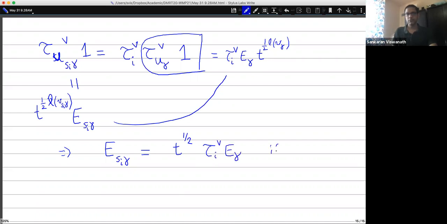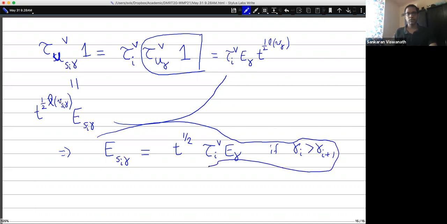Remember, all this was under the assumption that there was an inversion at the ith place. So this is a recursive thing. This is one way of getting the Macdonald polynomial for S_i gamma from gamma, provided gamma has an inversion at the ith place.